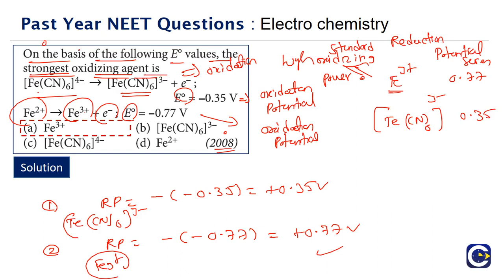The reduction potential values will be what? Negative of oxidation potential. So from there we arrange them as per the order in the reduction potential series, means high reduction potential at the top, low reduction potential at the bottom. Then whichever is at the top that can easily undergo reduction means that will be a good oxidizing agent and that will have the strongest oxidizing power also.